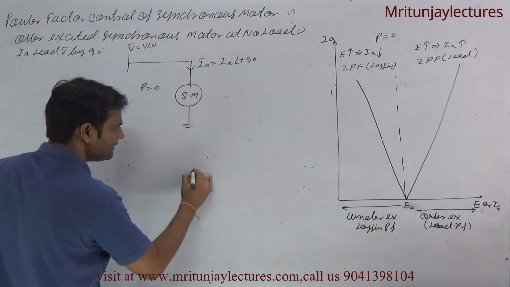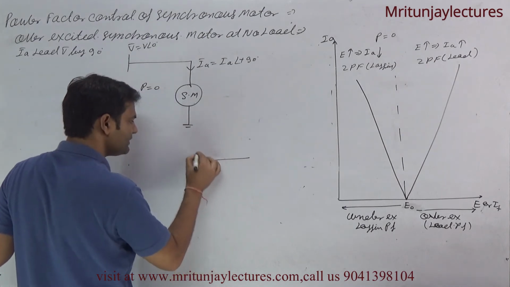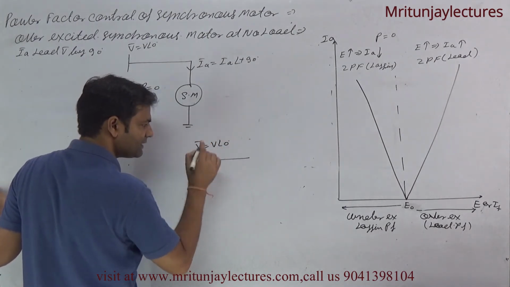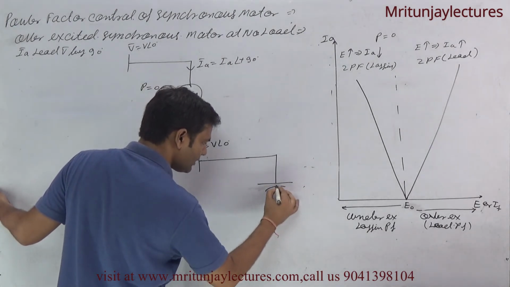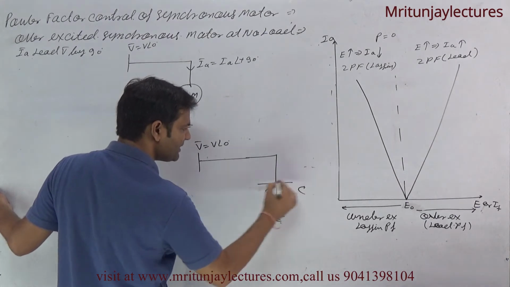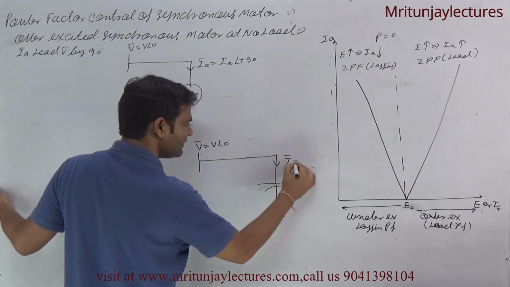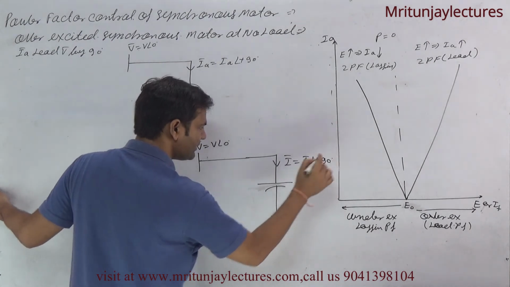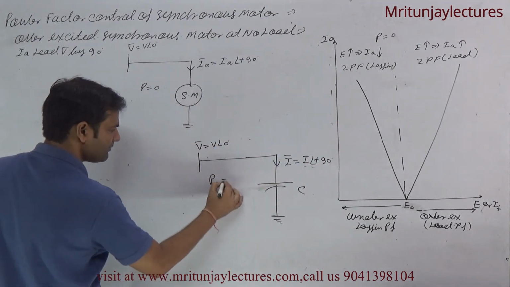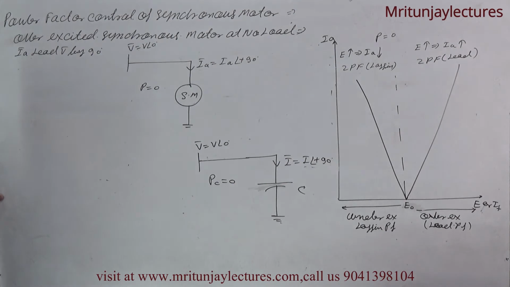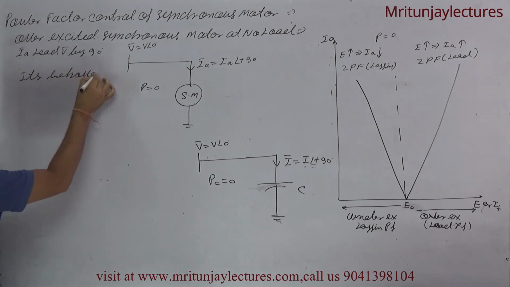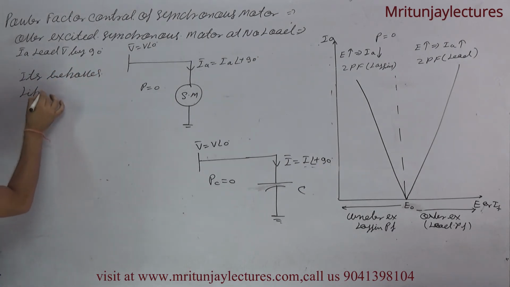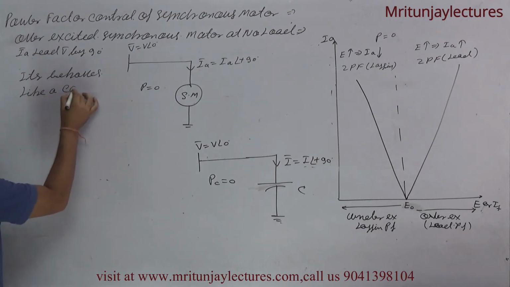Now I know that for a capacitor, V is equal to V at the angle 0, and I is equal to I at the angle plus 90. Both are the same thing. Power is equal to 0. So you can say that it behaves like a capacitor.